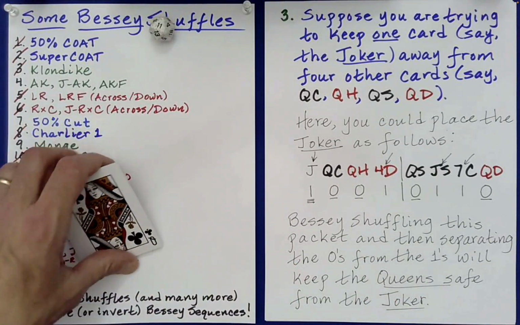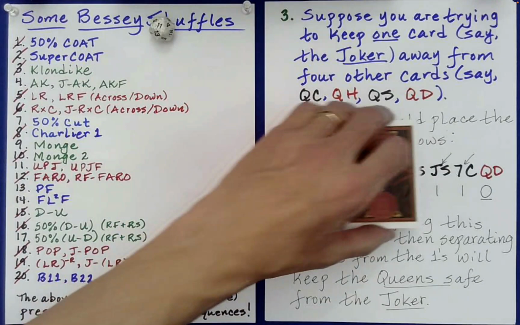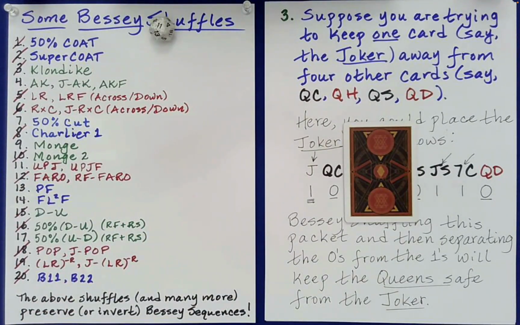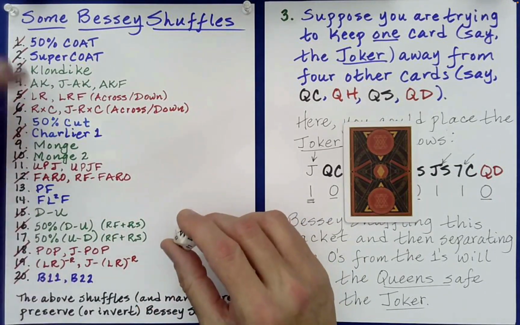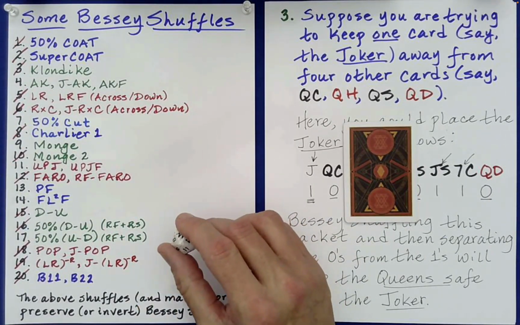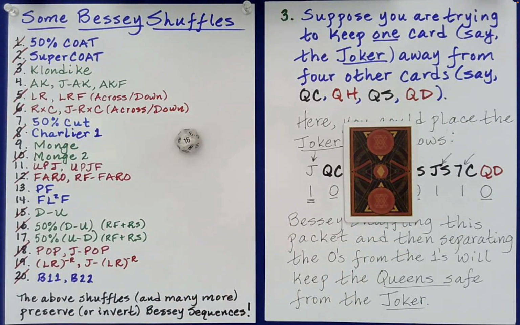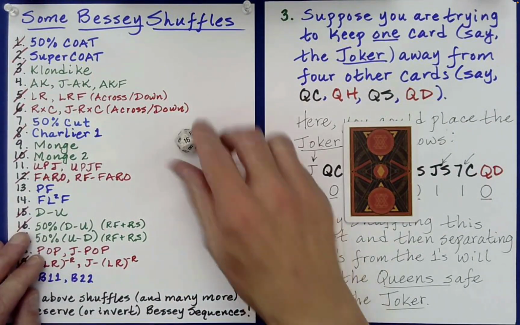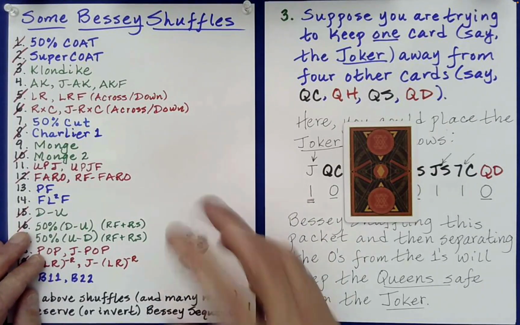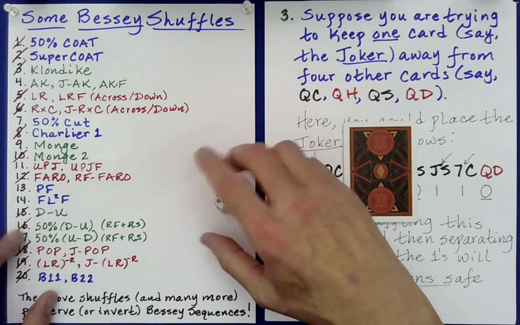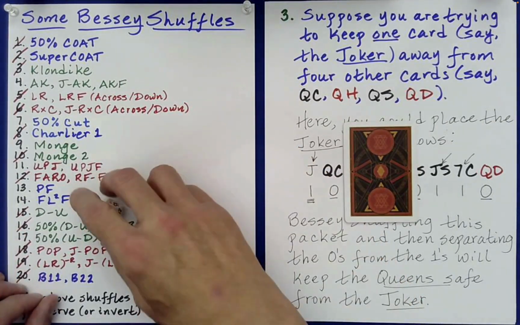Now what we can do is go ahead and randomize this to the content of the spectator. Of course, we're going to use our table here so that we can demonstrate some of these Bessey shuffles. Now, it may get kind of tricky to find one that we haven't done. So we may have to, 17.